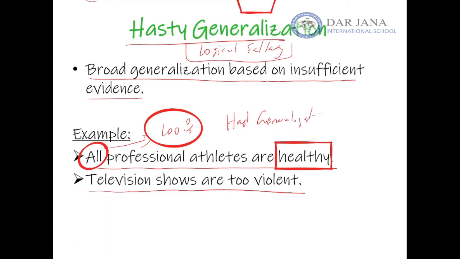Second one, television shows are too violent. So it seems that without saying all television shows, you are indicating that as well. Okay? So in this case, you don't have sufficient evidence to prove that all television shows are too violent. Again, this is called hasty generalization.